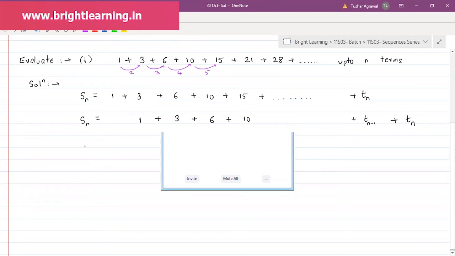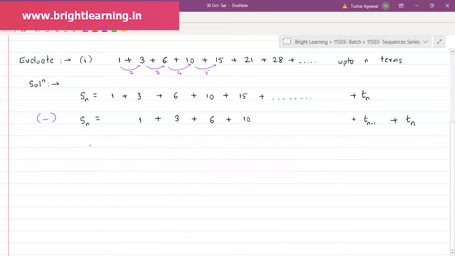Got it? Now if I subtract these two, you can see that 0 will be equal to the following. All these terms form pairs: 3 minus 1, 6 minus 3, 10 minus 6, meaning each term minus its previous term, 15 minus its previous term, and finally the nth term minus its previous term.